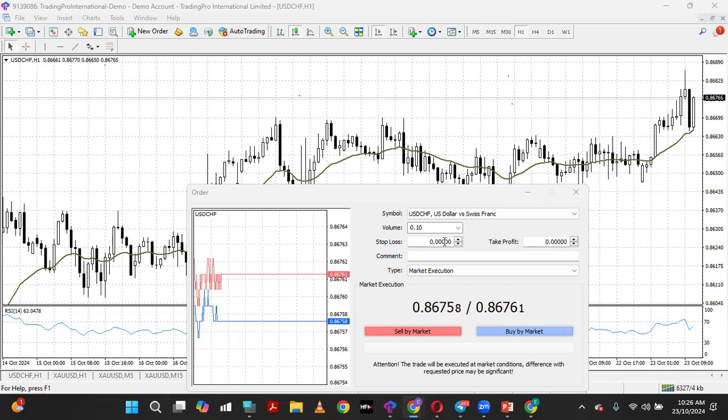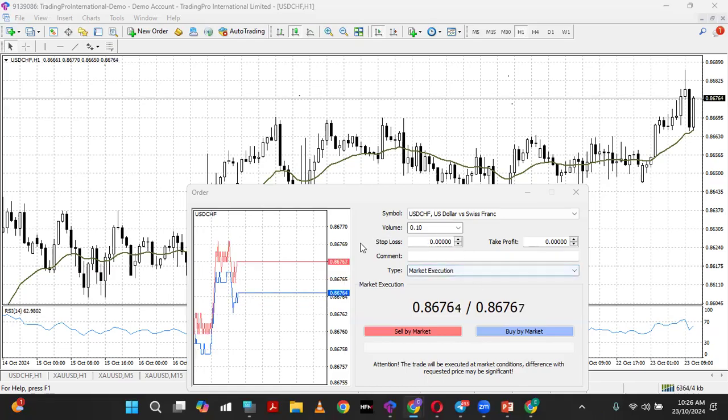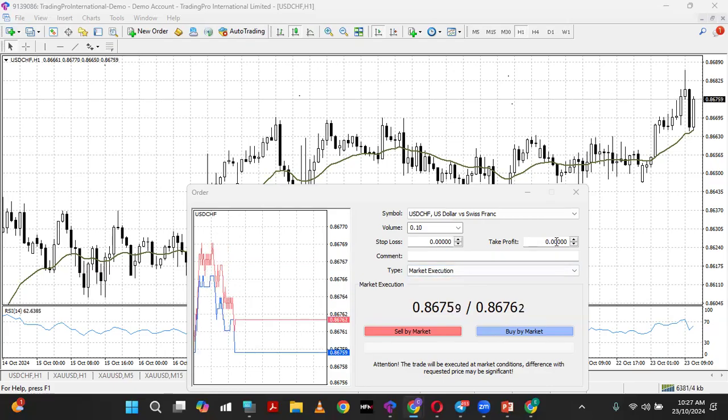Now, let me explain. If the person tells you the stop loss is 20 pips, that's a little bit advanced, but we'll get there gradually. It comes under trade management, but I'm still talking about this. So we all know what the stop loss is. So you determine your stop loss and you put your stop loss here. The take profit is your bus stop, the exit, where you want to exit.